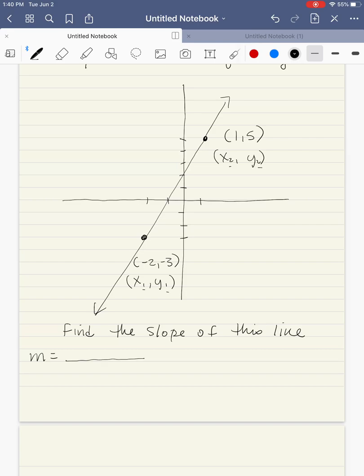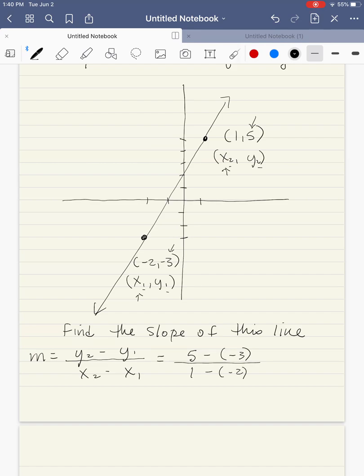So to find the rate of change, we're going to say, what's the difference between the two y's, and difference means subtraction, over the difference between the two x's. So we're going to subtract this y minus this y, and watch your negatives there, over this x minus this x.